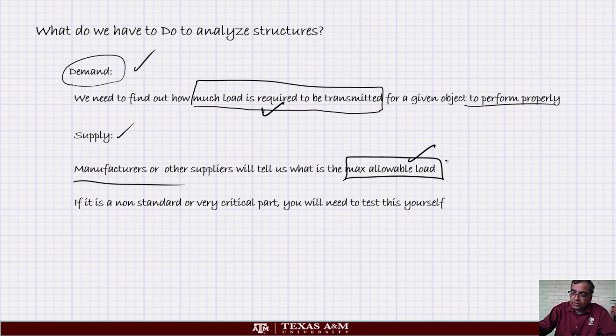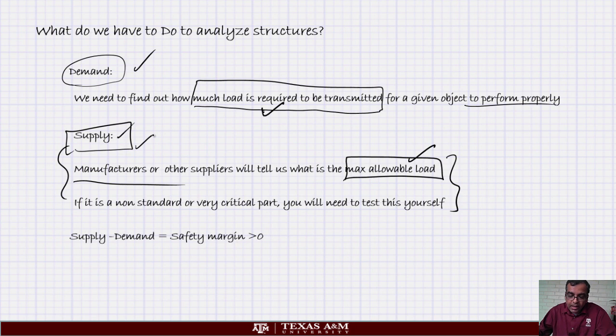But that is what supply is about. In this class we are only going to look up values, because testing is a little bit higher level, and when you go to a 300 or a sophomore or junior class, you will start seeing those things. Right now we are just going to look at the demand, and the supply will be given to us so we can compare and see what happens.